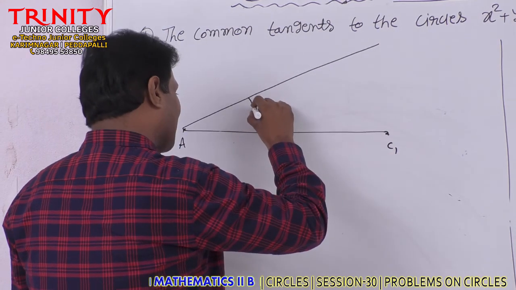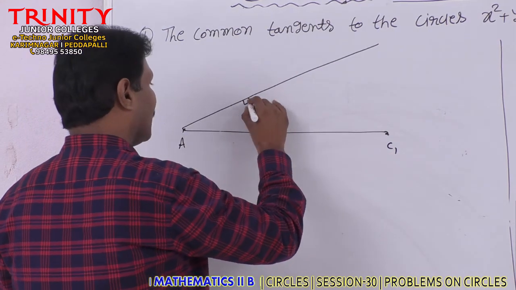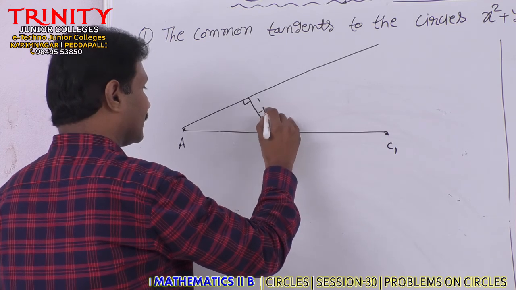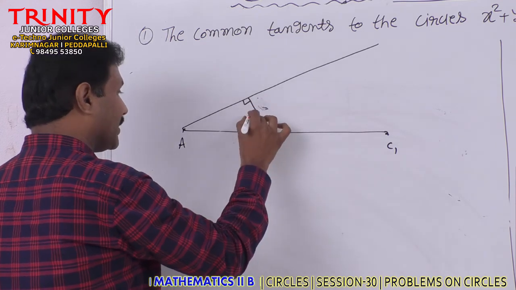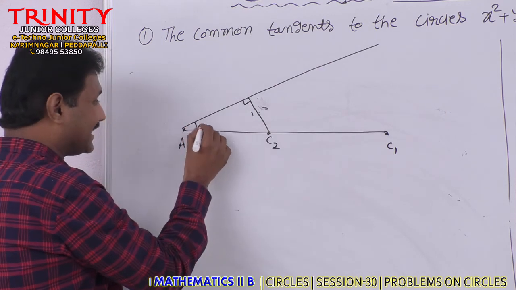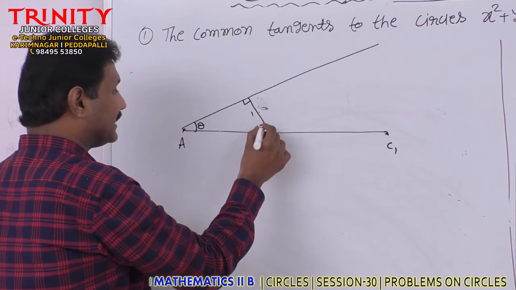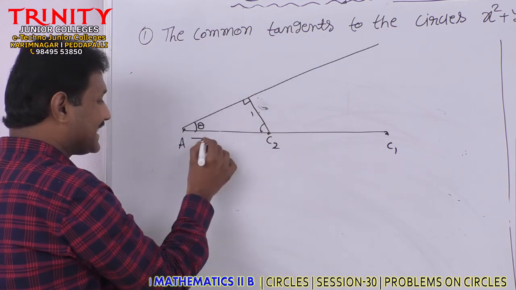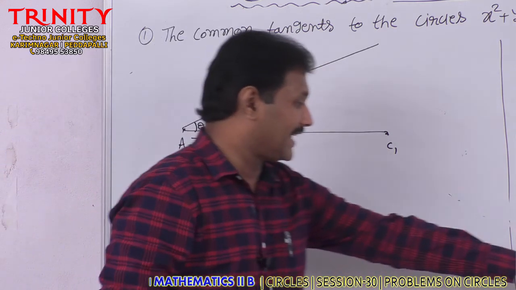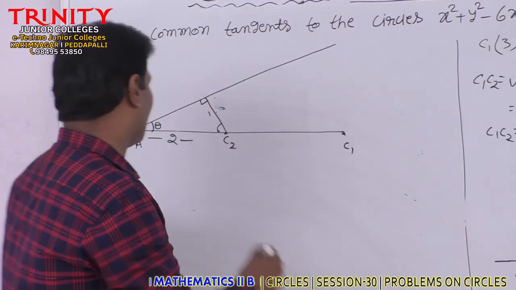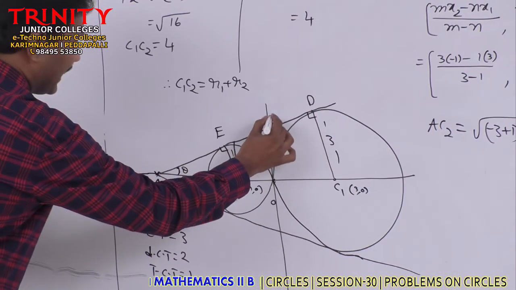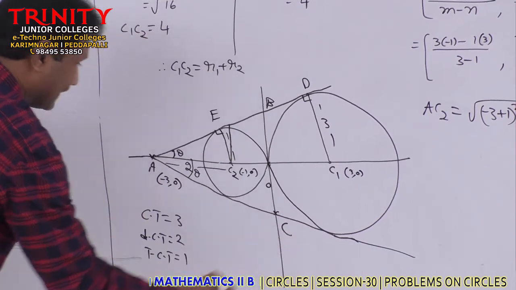This line is perpendicular to that. The length is 1 unit. The angle may be theta. This is another angle. Its length is 2 because the length of AC2 is 2. We name this E, this B, this C.